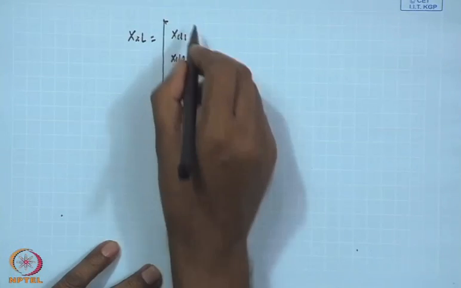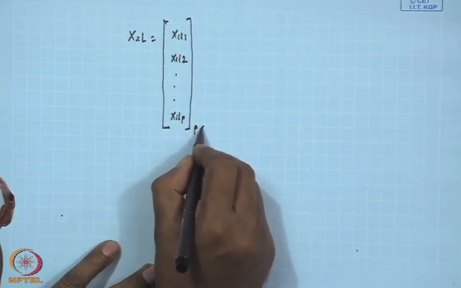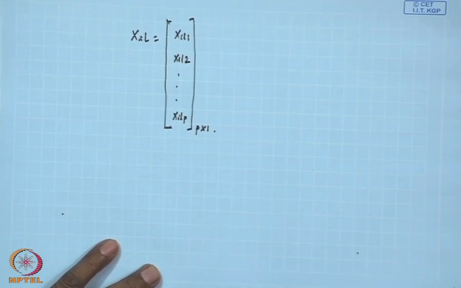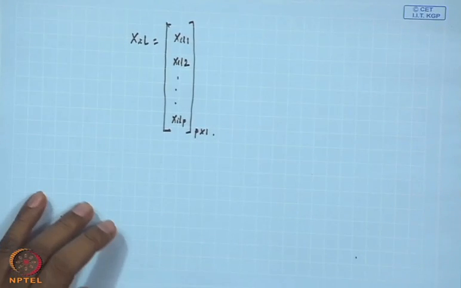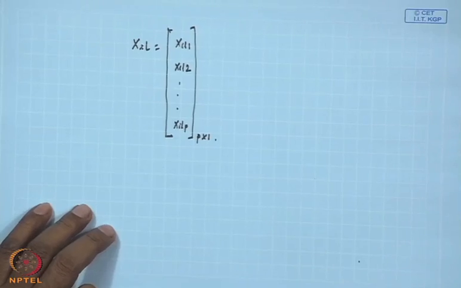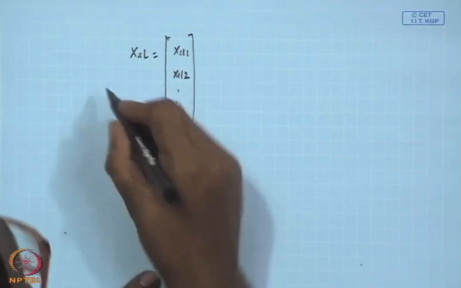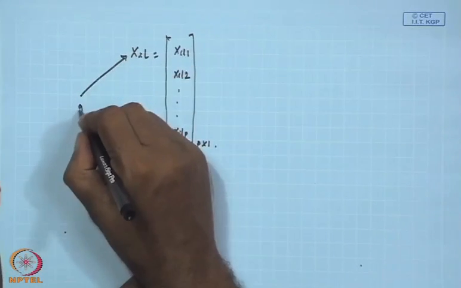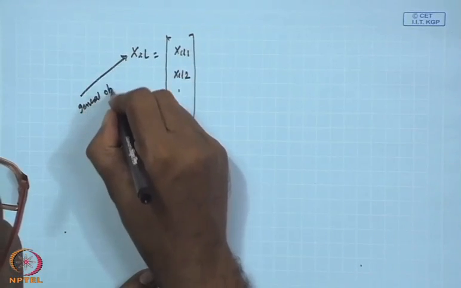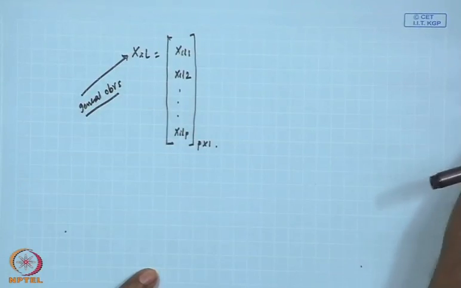How many variables are there? P variables, so P cross 1. And there is the complexity, because one more dimension is added and your total work is now in 3 dimensional case. It is not a 2 dimensional issue. This is my general observation.